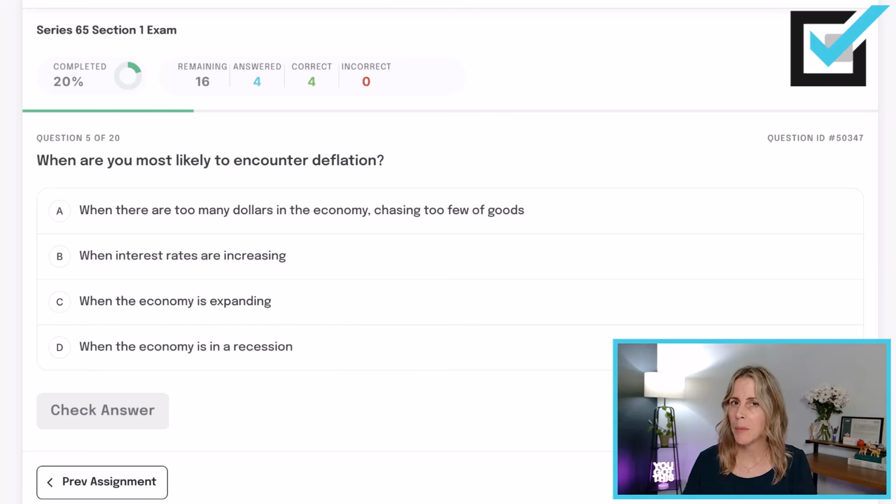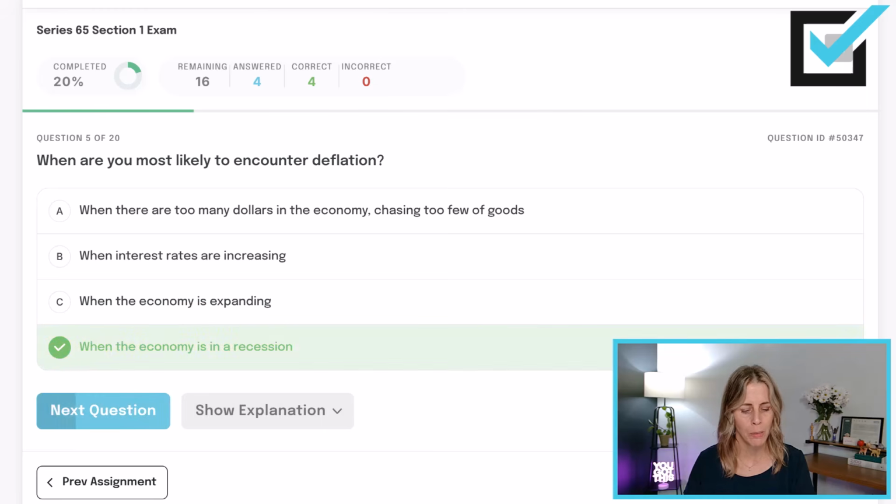So A describes inflation, one of the root causes of inflation, too many dollars chasing too few goods. When there is inflation, it is often found that the Federal Reserve Board will raise interest rates. When the economy is expanding, we are more likely to see inflation. So the answer here, when the economy is in a recession, you are most likely to encounter deflation.